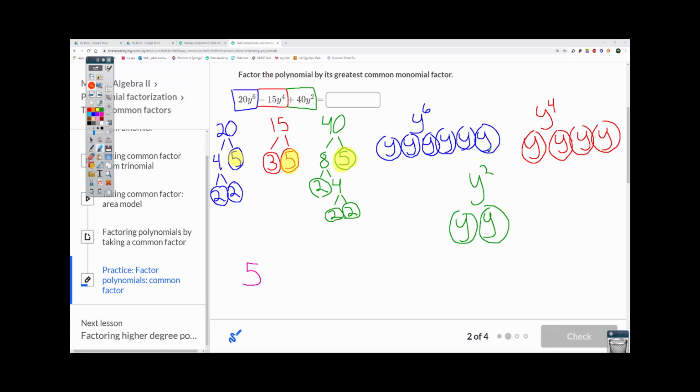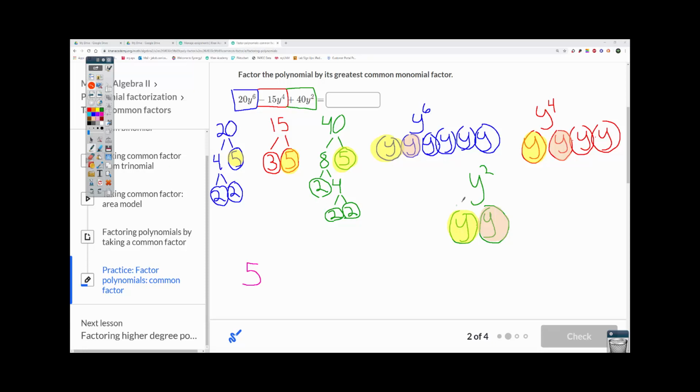And now we're going to borrow what we can from each of them. So I see that they have one y to give away. And they have a second y to give away. And that's it. These two do have more y's to give away, but we have to treat all three of them equally, and we have to take from all three of them equally.